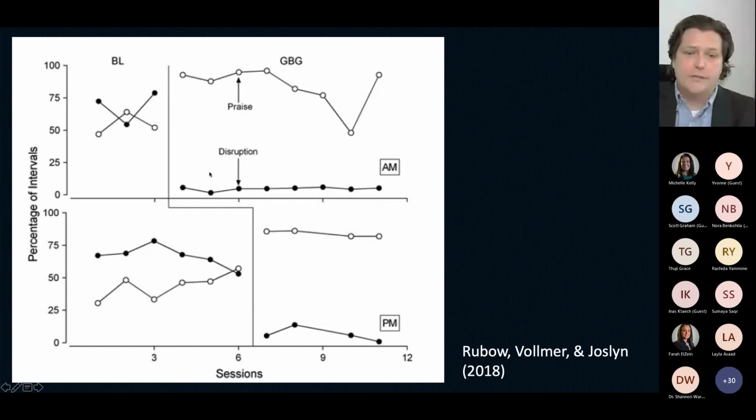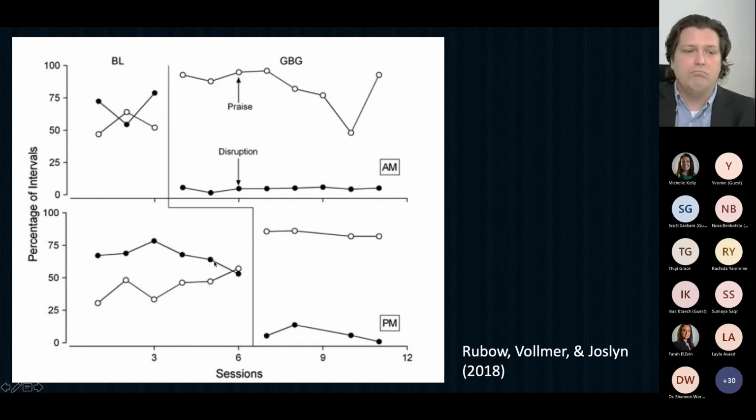And so this is the same classroom at 2 different times of the day. So you can see here in baseline, this is percentage of intervals. So for a very large proportion of the time in the classroom, there was high rates of disruption and moderate rates of teacher praise. Same down here.